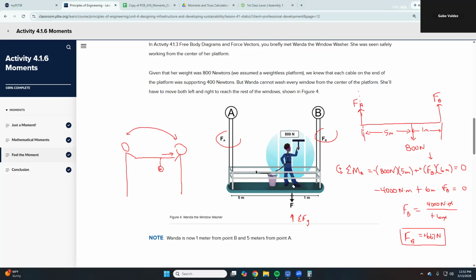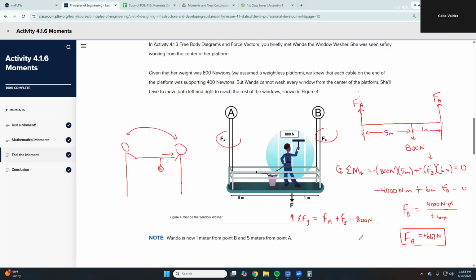To hold up this platform with Wanda, these two should be pulling up. So when I look at the forces in the y direction, I look at my free body diagram and say, okay, I have FA that's going upward, I have FB that's going upward, and then I have this 800 newtons that's going downward. When I look at my forces, I don't care about distance. I only care about distance when I do a moment equation.